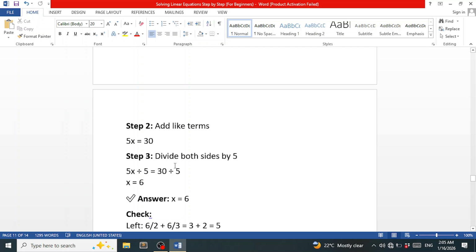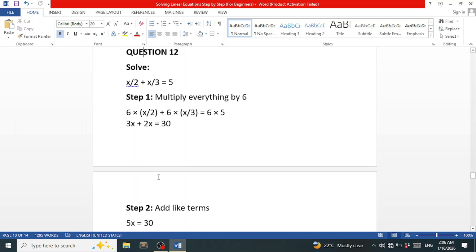In other words, which number can you multiply by 5 to get 30? That is 6. Or you can do this on your calculator, guys. So our solution, x is equal to 6.